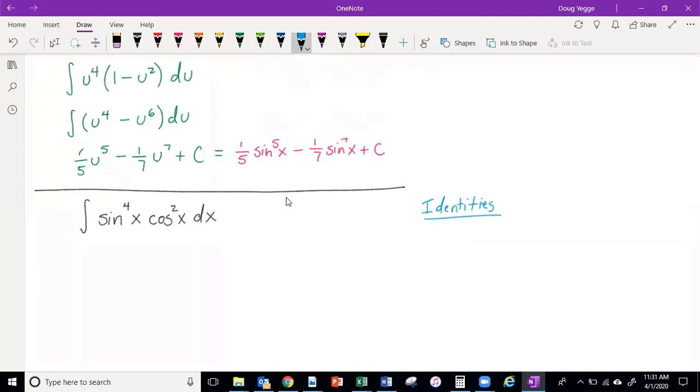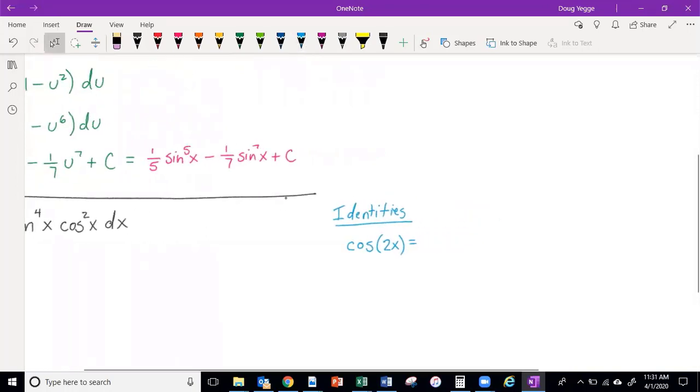There were a couple of identities that we could have rewritten cosine of 2x as. So cosine of 2x. Does anybody remember what that was equal to? How I could rewrite cosine of 2x?